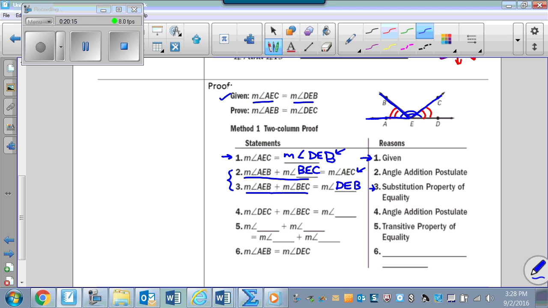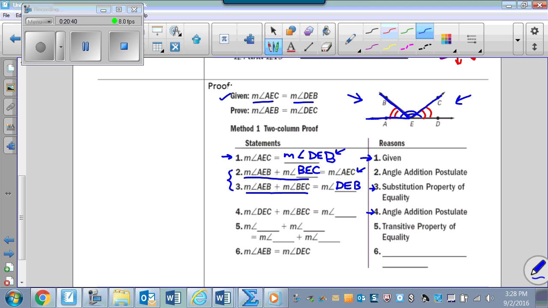So step number 4 says the measure of angle, oh, I'm using the angle addition postulate again, so I've got to do the same thing on this side that I did on this side. Why don't you take a minute and try to fill in that blank? If I look at angle DEC, that's the little red angle right here, and add to it the measure of angle BEC, then what do I get?